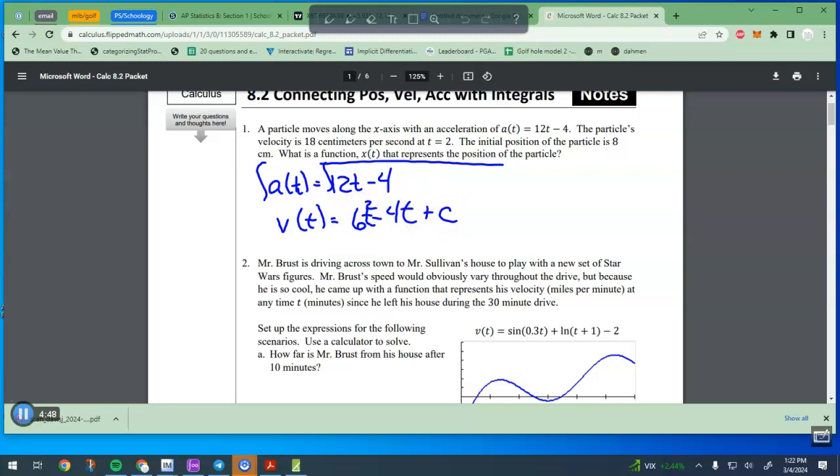And then if I'm going to find out what c is, I have to have some extra information. What they're telling me here is the velocity is 18 when t equals 2. So that becomes 18 equals 6 times 2 squared minus 4 times 2 plus c.